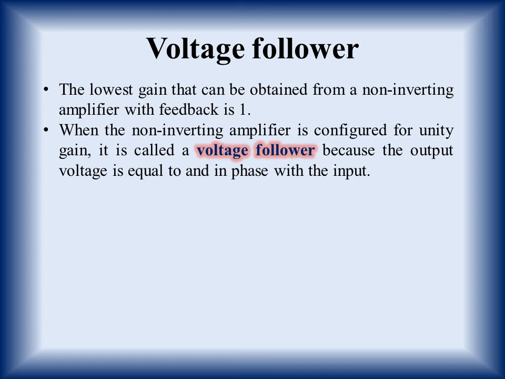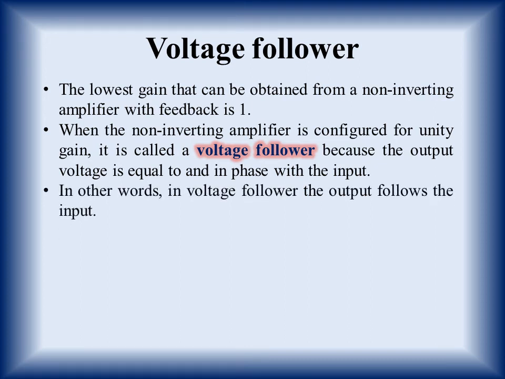So what is voltage follower? Voltage follower is non-inverting amplifier with feedback having unit gain. That gain is unity. What does this mean? This means the output is similar to input, because the output voltage is equal to and in phase with the input.